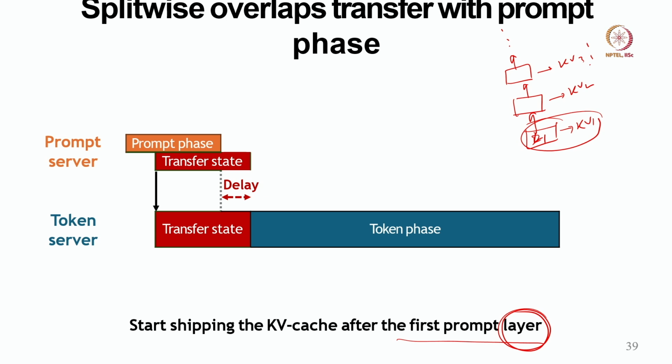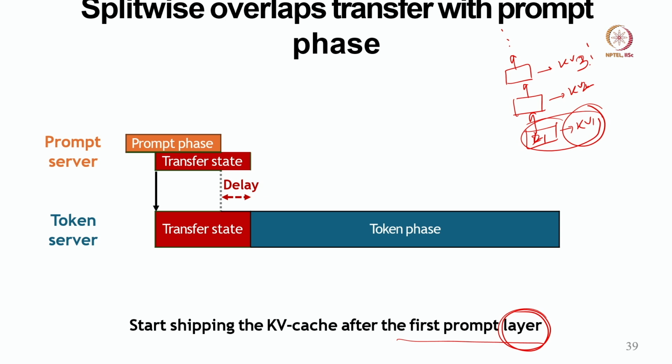Now, this KV cache of the first layer is independent of any other KV cache, correct. During the prompt we do not need this KV cache. So, as soon as the KV cache of the first layer is generated, we can start shipping, right.